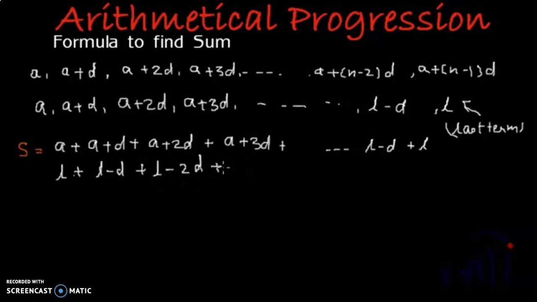Isn't that correct? L plus L minus d plus L minus 2d plus L minus 3d, going on like this till a plus 2d, a plus d, sorry, a plus a plus d, correct?